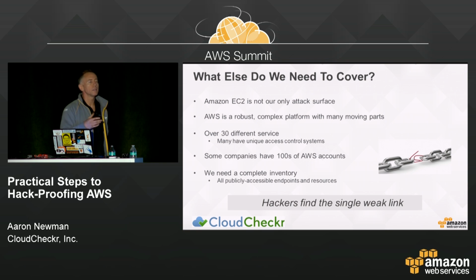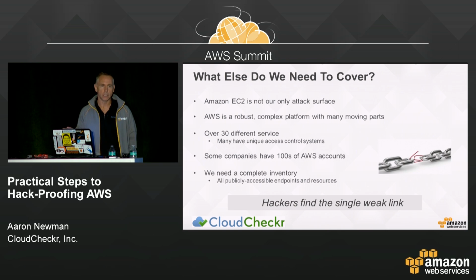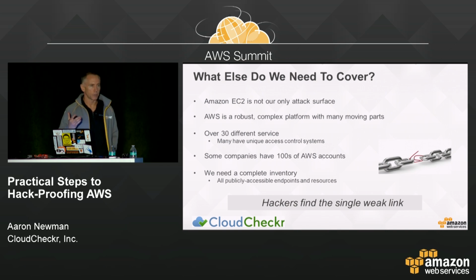So what does that miss? So that's important and that's great, but what it doesn't do is you have to think through that EC2 is not the only attack surface. So you have to start thinking to yourself, hackers find the single weak link. So if you've really locked down EC2 well, put yourself in the attacker's standpoint. What's he going to do?